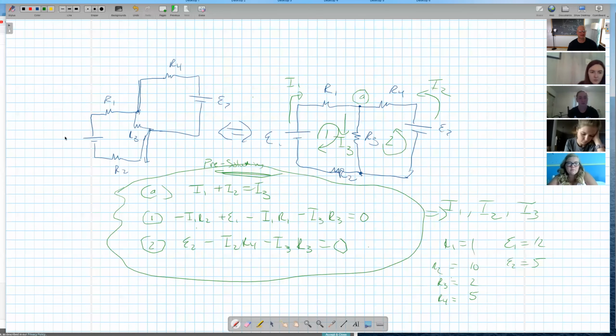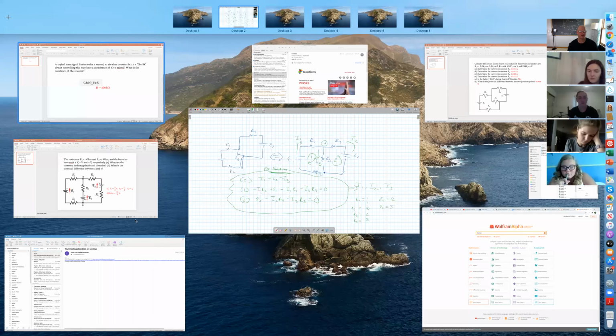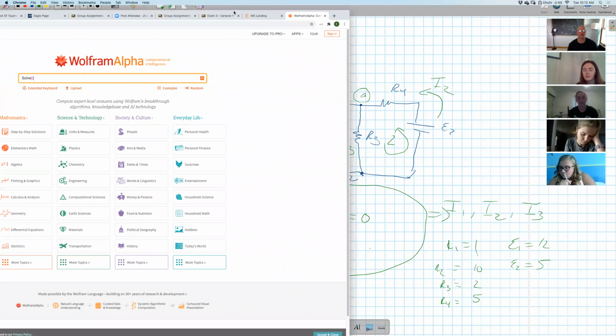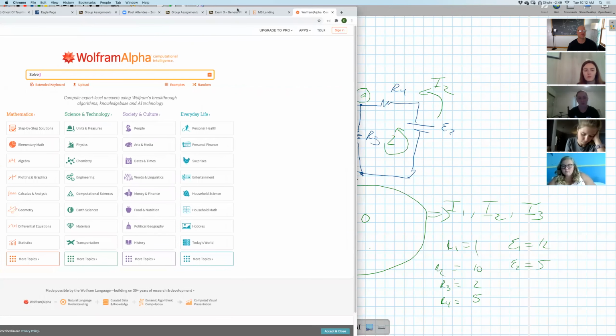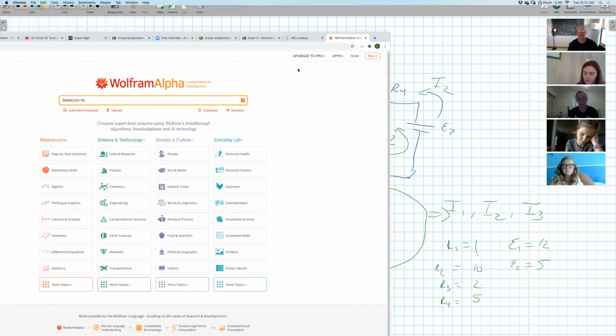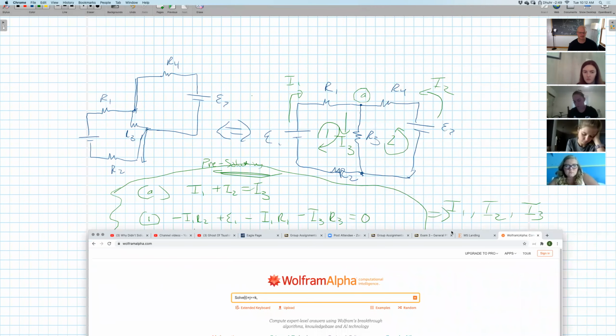The problem is that it doesn't understand I1, I2, and I3, so you have to use a different variable for each current. I'm going to use I equal to I1, J equal to I2, and K equal to I3. So here you would do I plus J double equal sign to K, comma. That's your first equation.